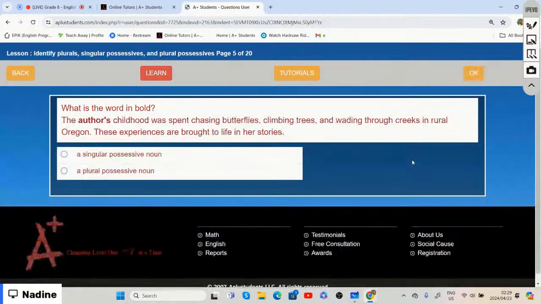Now it says the author's childhood was spent chasing butterflies, climbing trees, and wading through the creeks in rural Oregon. These experiences are brought to life in her stories. So now, is that a singular possessive noun or a plural possessive noun? Making mention of the author and a childhood memories.